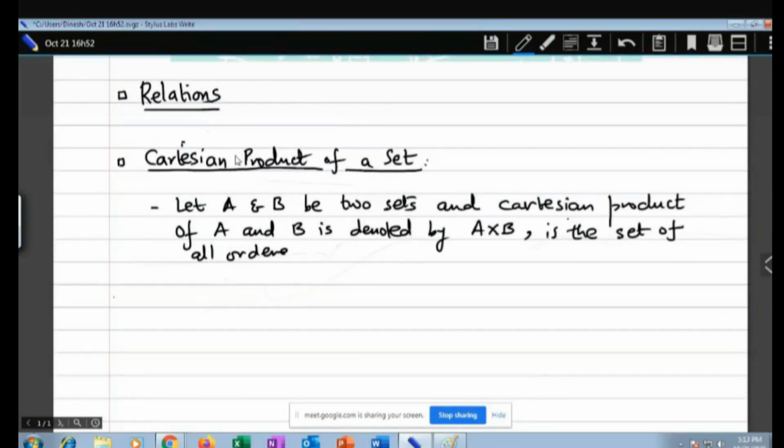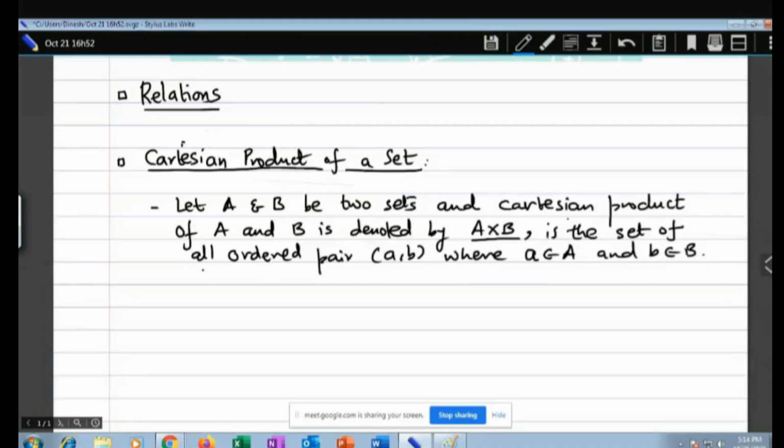Let A and B be two sets, and the Cartesian product of A and B is denoted by A cross B. It is the set of all ordered pairs (a, b), where a belongs to set A and b belongs to set B.